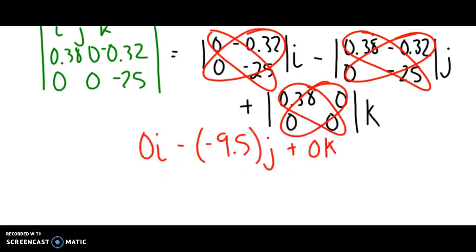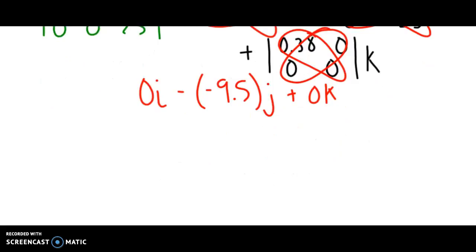Something interesting is you'll find that my vector in the end has a 0 x component, a positive 9.5 y component, and a 0 z component.